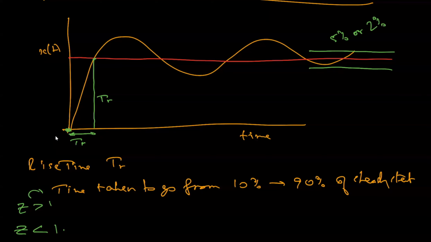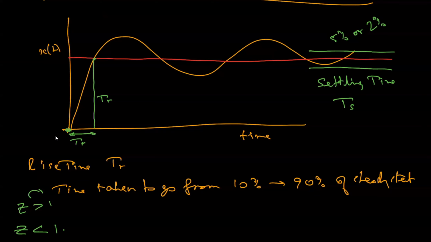Okay, so this is the settling time. So that's TS. Settling time. And there's a formula for that. So that's how long it takes for the trajectory to come within 5% or 2% of the final steady state.